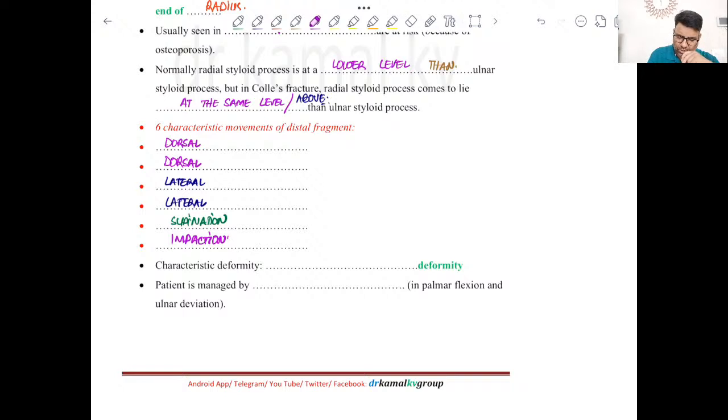So this is dorsal angulation, lateral angulation, right? I'm just trying to make sure that you remember it. So dorsal shift and lateral shift, right? So dorsal, lateral, angulation, shift, these are 4 deformities.